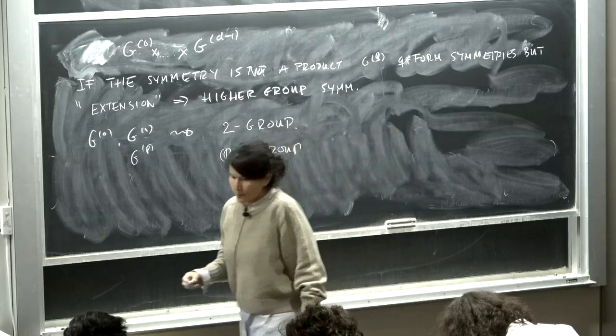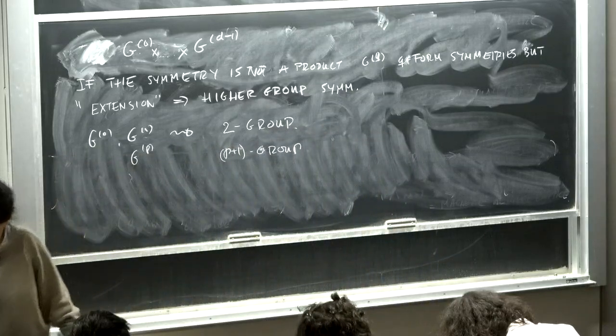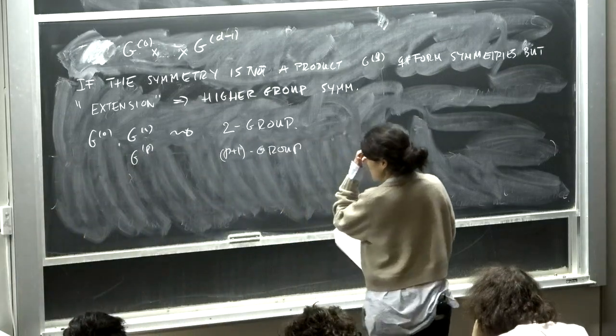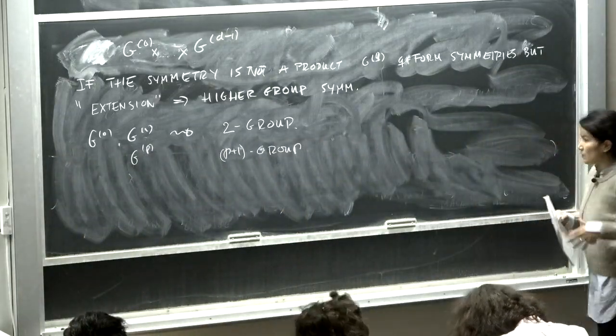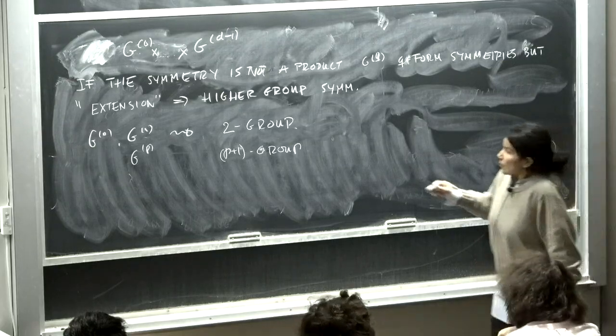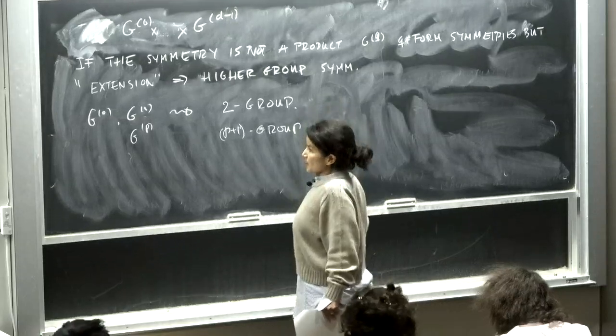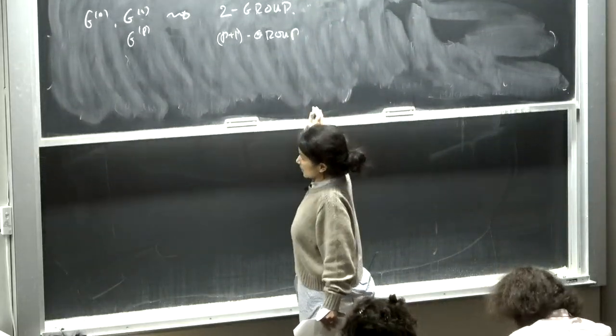I'll now explain exactly what that is and how we detect these things, because that'll be what we discuss also in these 5-dimensional theories. So what does it mean for a zero-form and a one-form symmetry to have an extension?